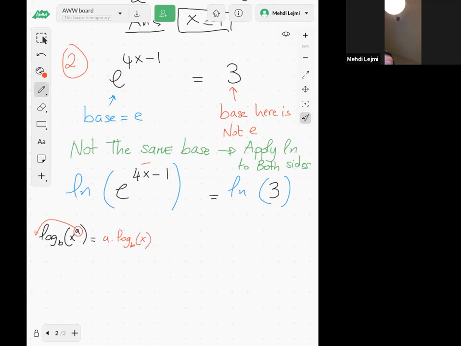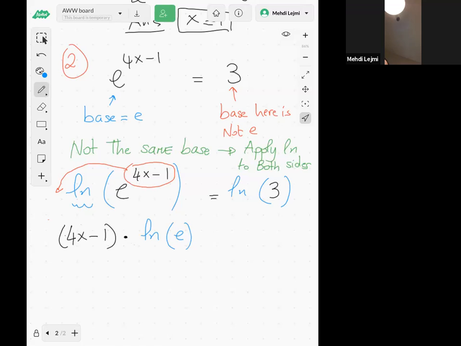So I can put this power in front of the log. That will be 4x minus 1 times the natural log. Don't forget the natural log. Inside the natural log there will be e.